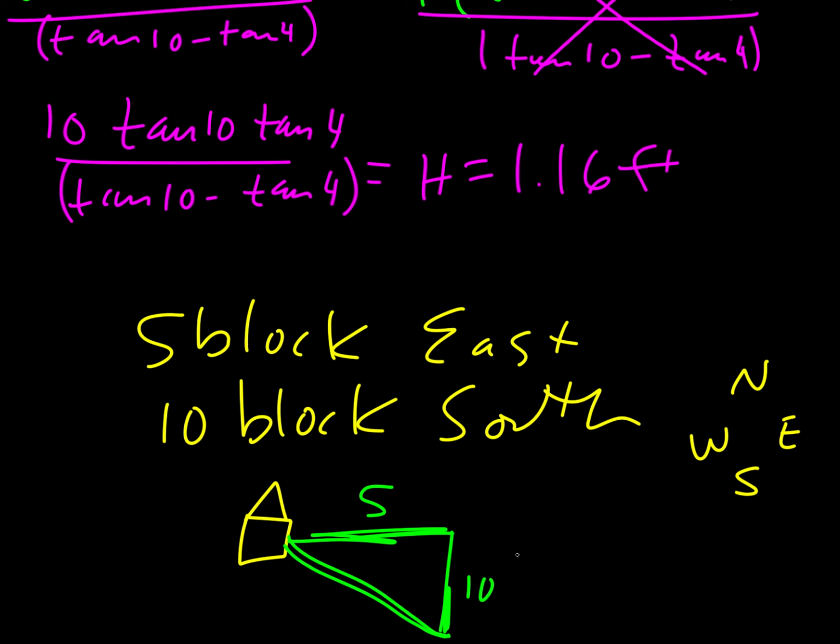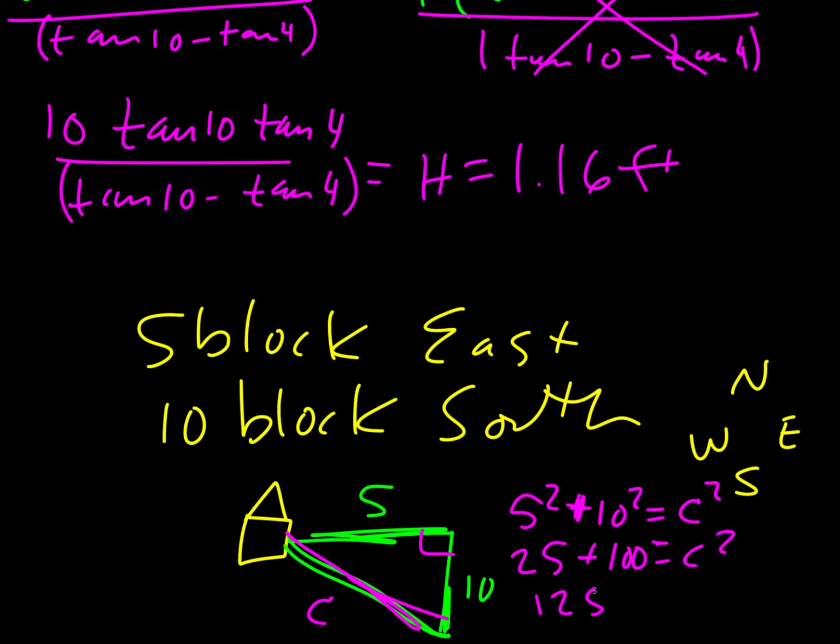And so all we have to do is the Pythagorean theorem, where we would think of this like our C, because this is our hypotenuse, this is a right angle. So we can say 5 squared plus 10 squared equals C squared. So 5 squared is 25, that's 100. We add those together, we get 125.